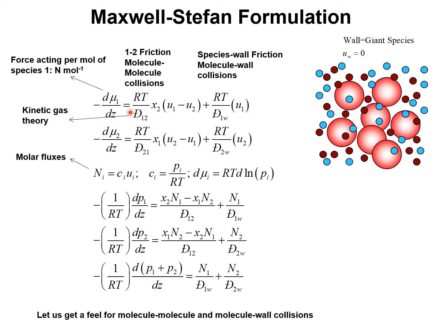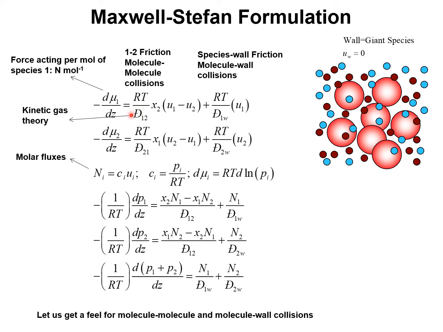The multiplier here is a kind of drag coefficient, and the frictional term for species 1 with respect to species 2 contains a multiplier which is the mole fraction of component 2, because the 1-2 friction depends on the amount of 2 with respect to component 1.